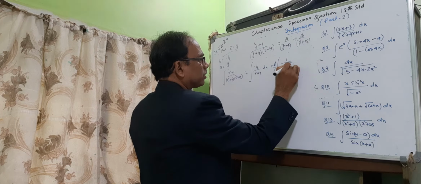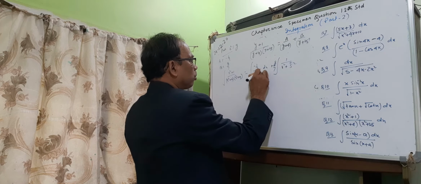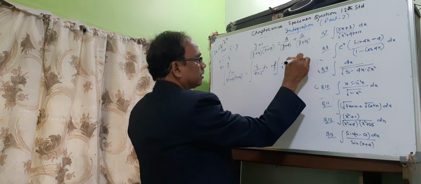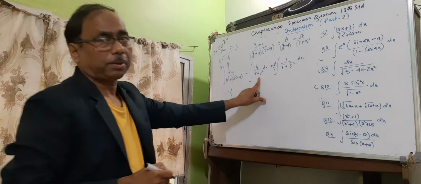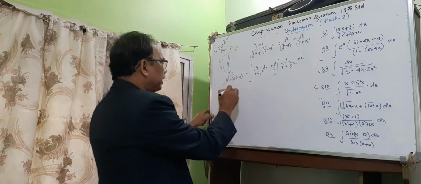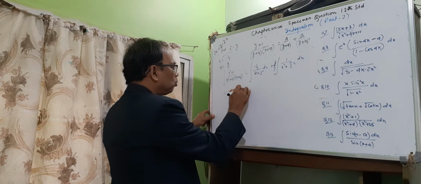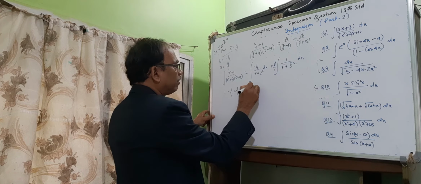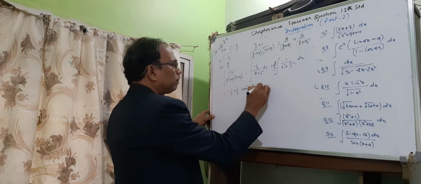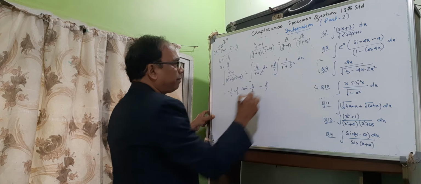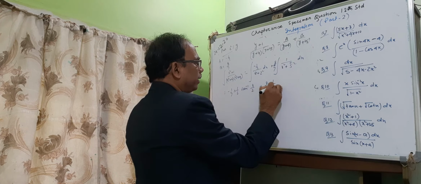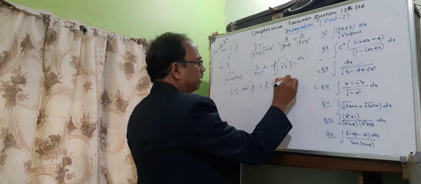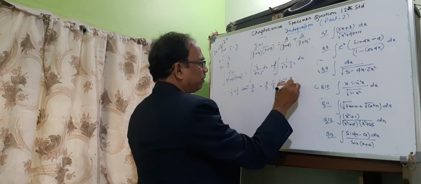You can write 25 as 5 square and 4 as 2 square. Using the x square plus a square formula, 1 by a tan inverse x by a, this is minus 1 by 7 times 1 by 2 tan inverse x by 2, plus 8 by 7 times 1 by 5 tan inverse x by 5, plus c.